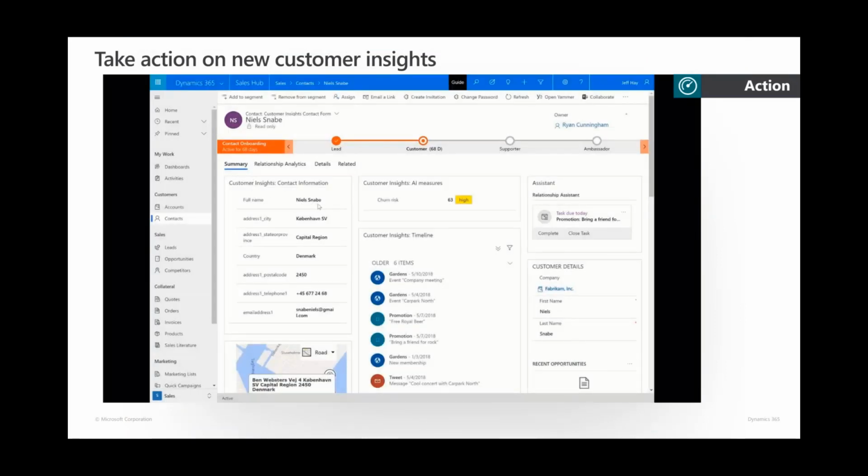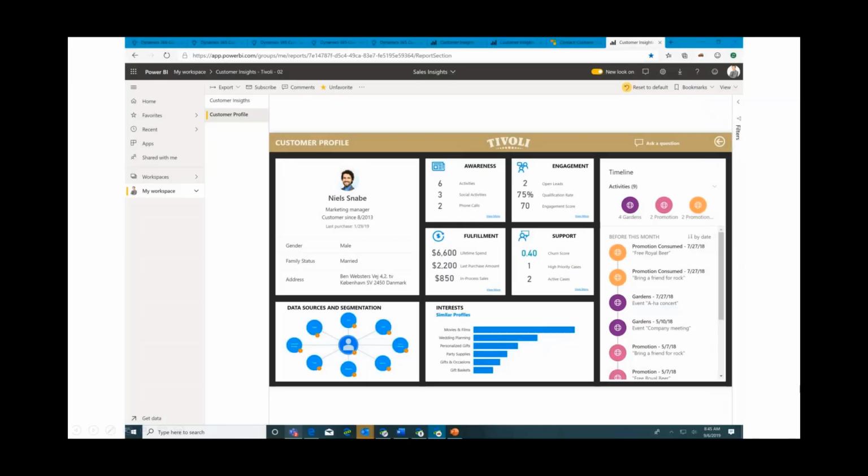So now we see when you open up Niels as a contact in your application, you can see a pop-up that says, hey, this promotion needs to be provided to Niels as soon as he calls in, right? So the call center person actually provides this ticket to Niels, and a week later, see what happened.